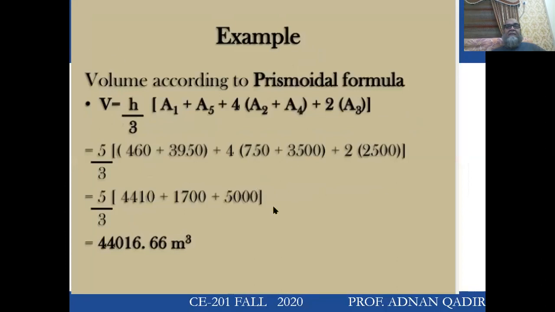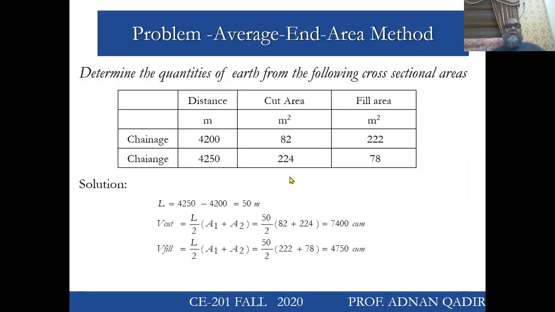Now, if you have been given this type of problem, you know the distance, you know the cut area at each chainage. For the first cut and fill, you average these values, and you will find along the cut the volume will be 82 plus 224 divided by 2, into 50, the length.